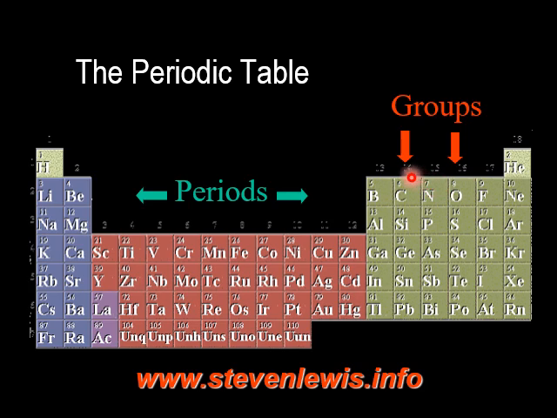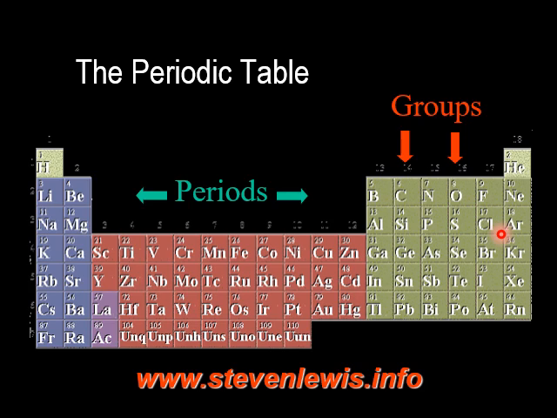The second row contains 8 elements, beginning with lithium and ending with neon, which corresponds to the second floor of our electron hotel that fits 8 electrons. The third period begins with sodium and ends with argon, which corresponds to the third floor of our electron hotel that seats 8 electrons.